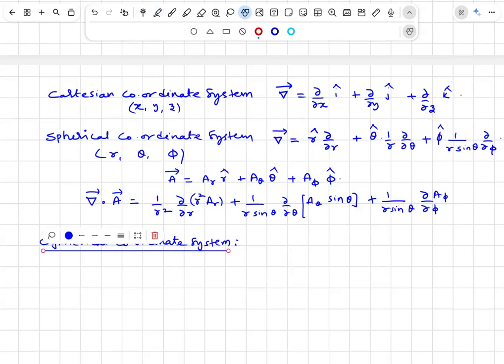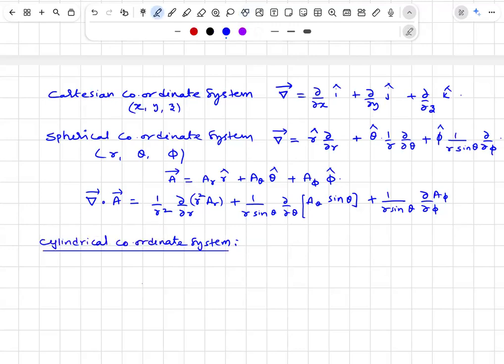We are dealing with the del operation in the cylindrical coordinate system. What is the cylindrical coordinate system?